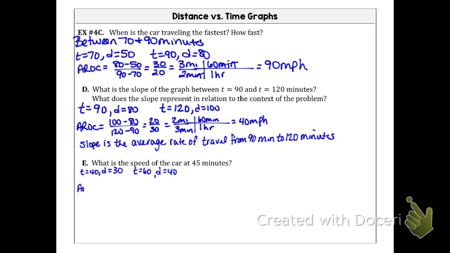And so the average rate of change in between those two, so it's 1 mile every 2 minutes.